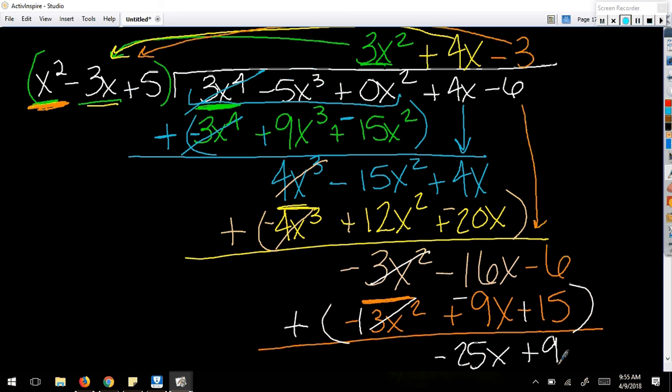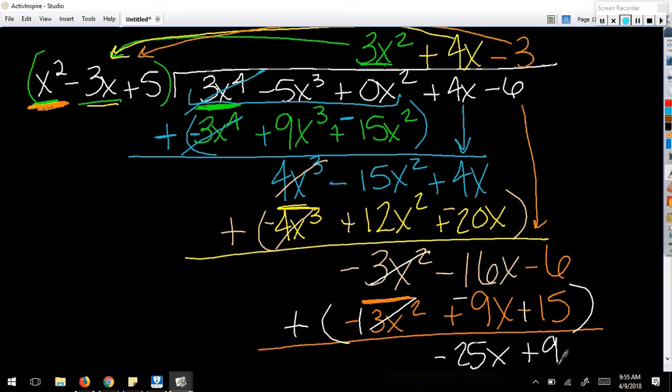And I know I can stick a decimal on there and start adding zeros and dropping down, but if I don't want to do a decimal and I want to think in terms of fractions, what do I do? You take this and put it over what? 5. So it becomes 3/5 is the fraction.